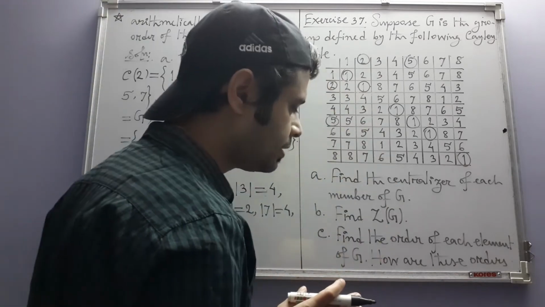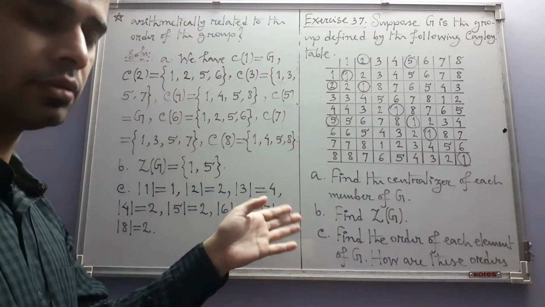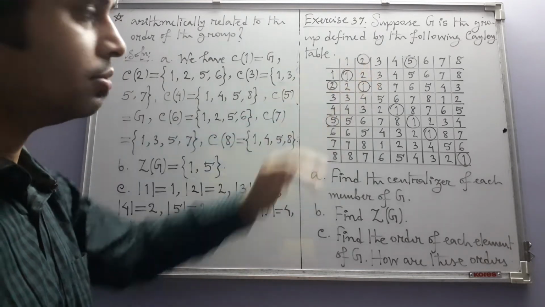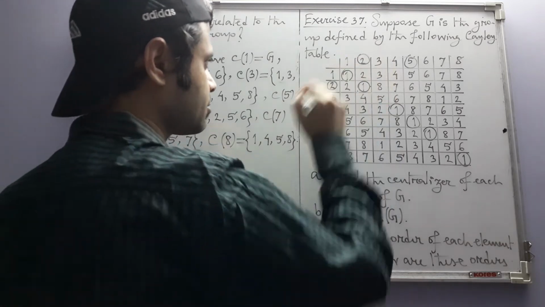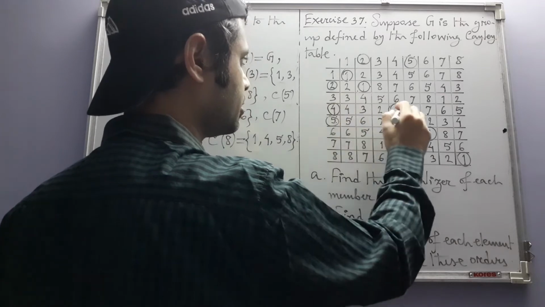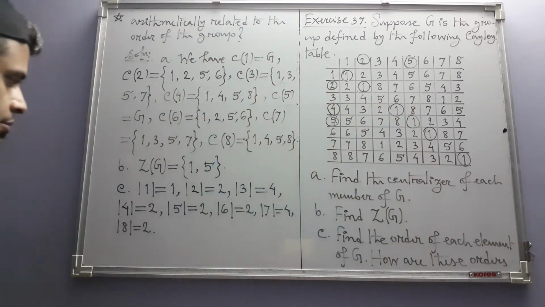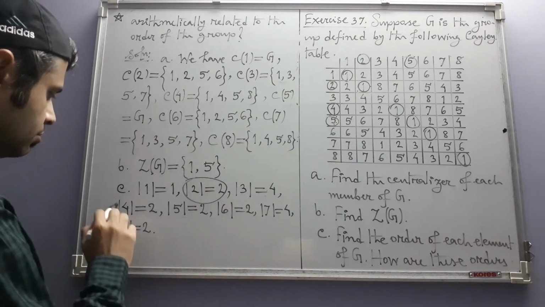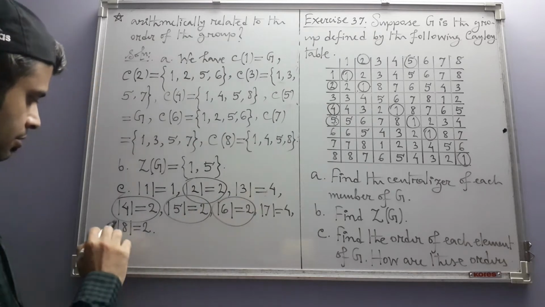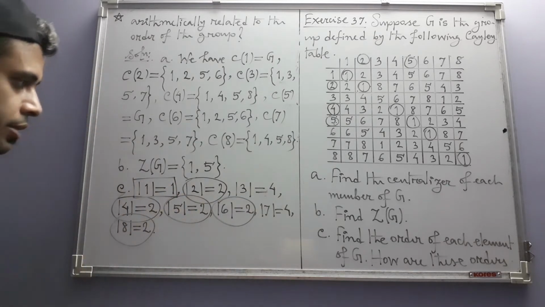For all non-identity elements, if the diagonal entry in this table is equal to 1, then that element has order 2. 2 has order 2, then 4 has order 2, 5, 6, 8. See? 2, 4, 5, 6, 8. And this is the special case of the identity element.